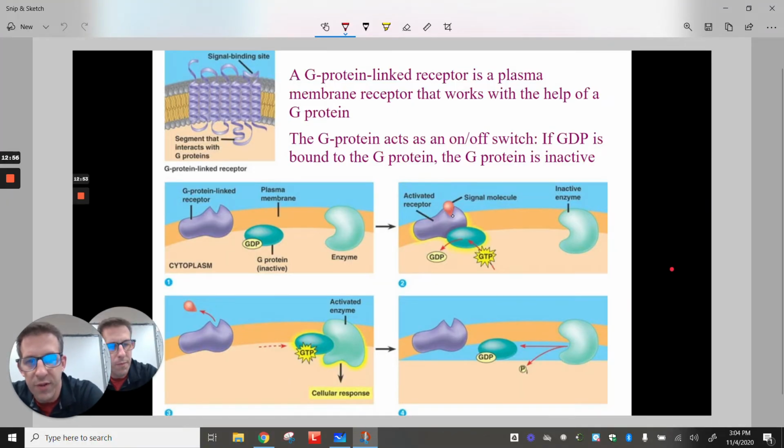If you notice right here, it kind of bulbs out like that, and if we look at the same portion right here, it kind of goes concave. That is a change in shape. So that tells us that the G protein linked receptor went from inactive to active.